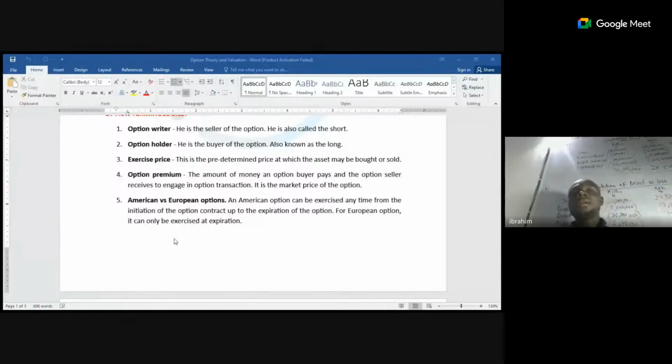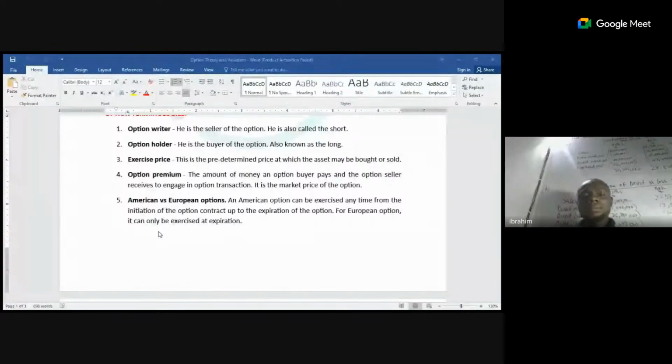Then we have the American versus European option. The way American options work is that you go to the option market to exercise your rights before the expiration date, of course. Say you buy this option today. What is the current price of First Bank shares in the market?